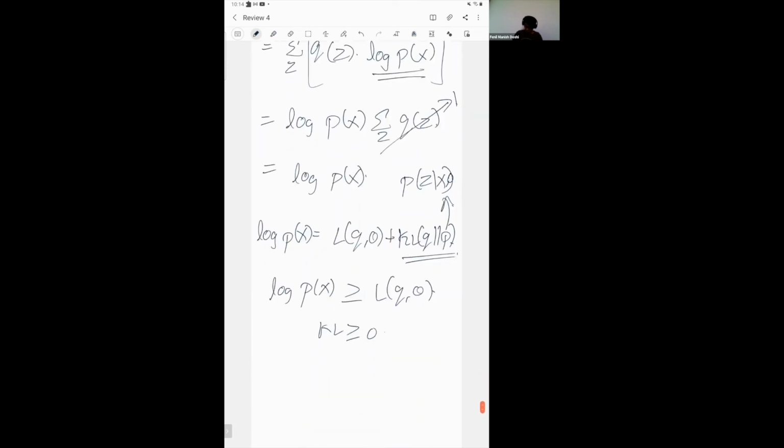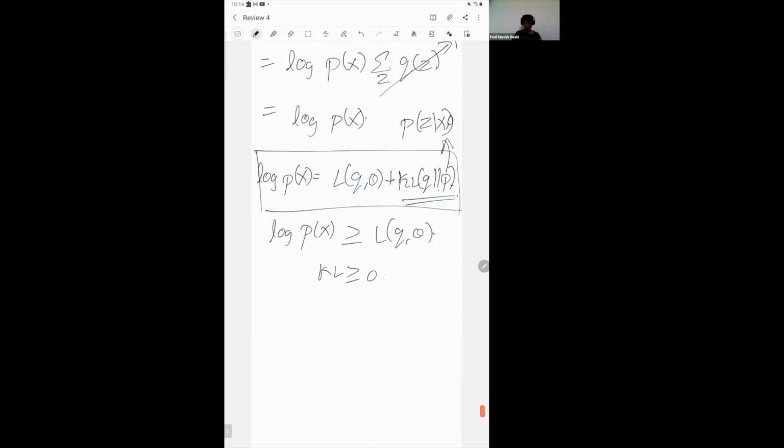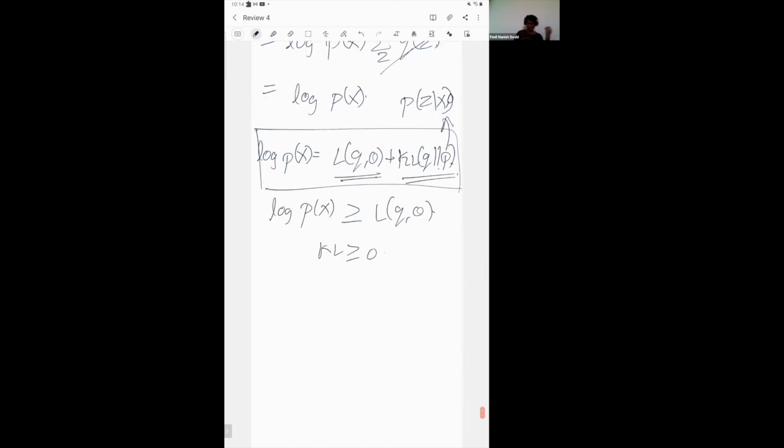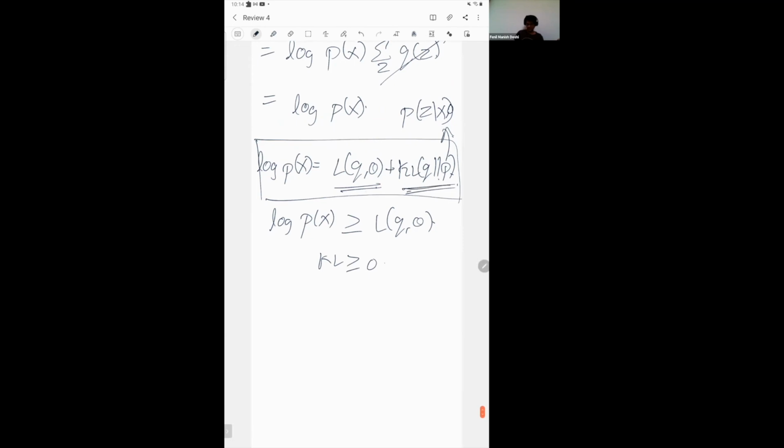This equation will help us in optimizing over L of q theta in E step and M step. Since E step is just, we are not going to learn functional calculus and see how to optimize q, because we can write it in this form, and we know that the maximum over q is when q equals p.